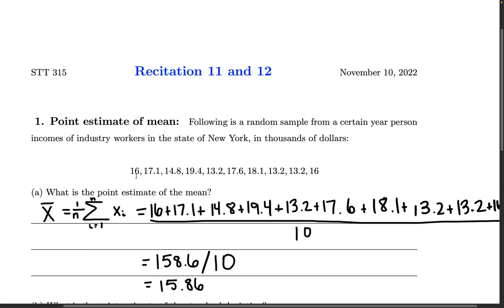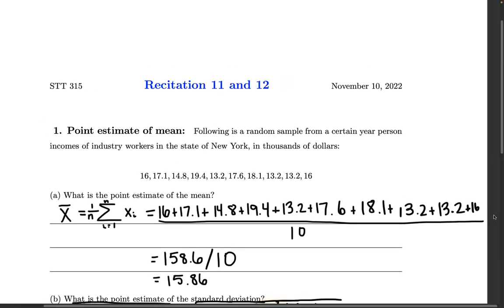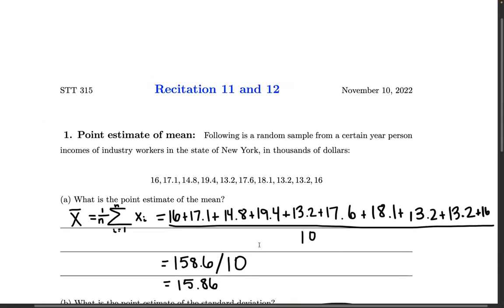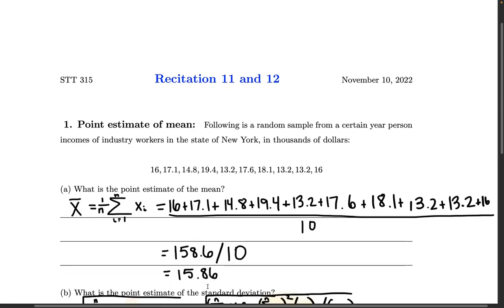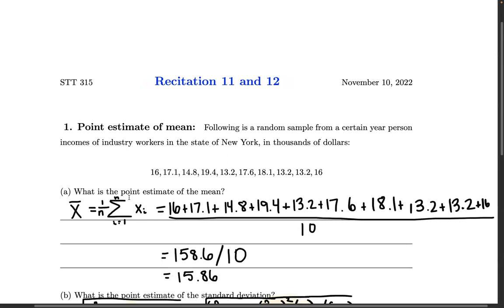So when you add all of these up, 16 plus 17.1 plus 14.8 plus 19.4 plus 13.2 plus 17.6 plus 18.1 plus 13.2 plus 13.2 plus 16, and then divide that by 10, which is the total number in the sample, we get 158.6 divided by 10, which is 15.86. So that is the point estimate of the mean.